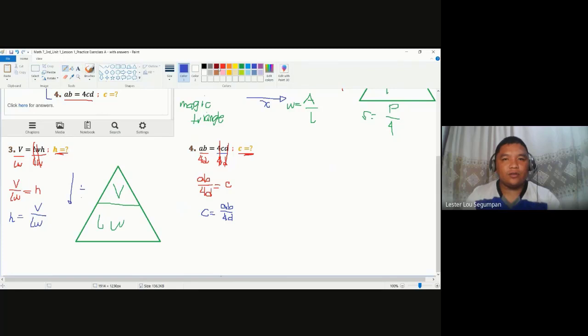So the result for H using the magic triangle is V over L and W. Again, similar to this process.